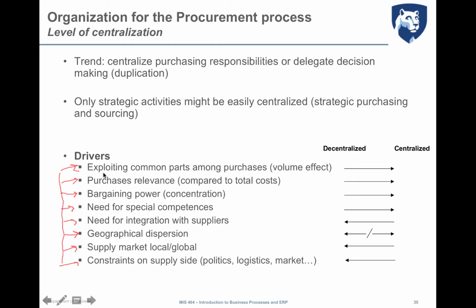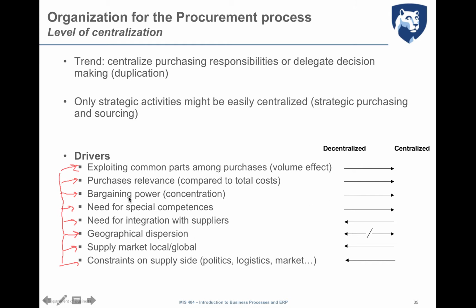When I have to exploit common parts among purchases in order to gain volume effect, of course, centralization is the most suggested solution, same as when purchasing is very relevant. If I have a large incidence of purchasing on the income statement, of course, I will need a central, big procurement department able to manage this relevant spending base.